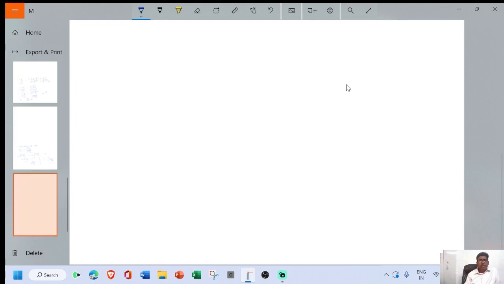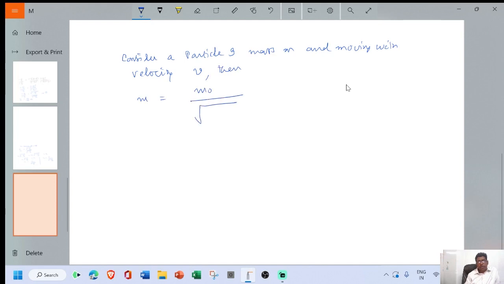Now consider a particle of mass m and moving with velocity v, then m equal to m0 divided by root of 1 minus v square by c square.